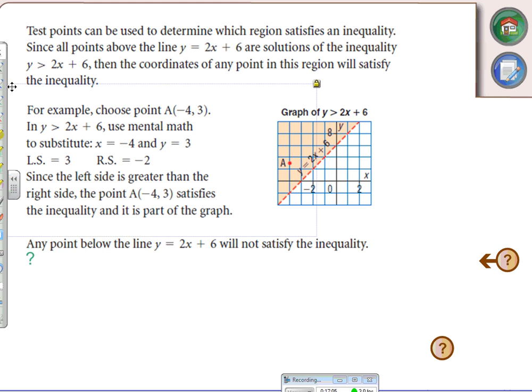For example, if you choose (-4, 3), you plug that point in and work it through, and you're going to see that the y value, the left side, is greater than the right side. And that's going to happen for any point in this peachy colored area.